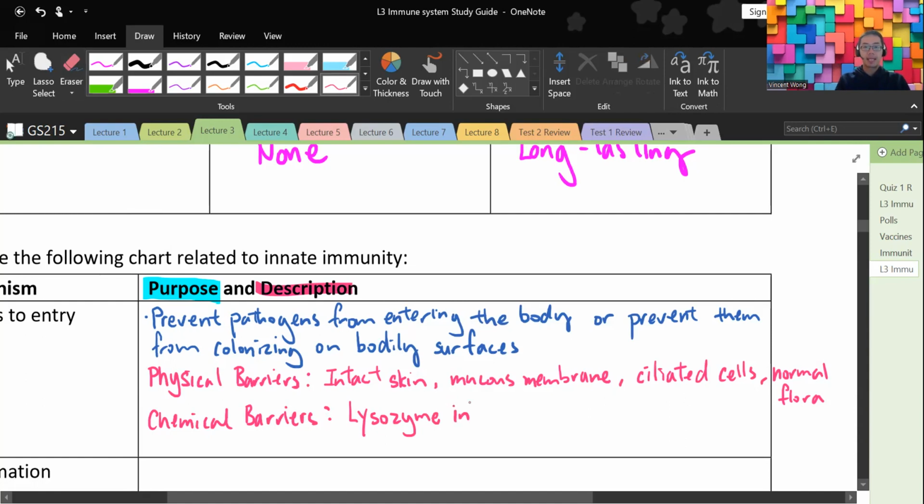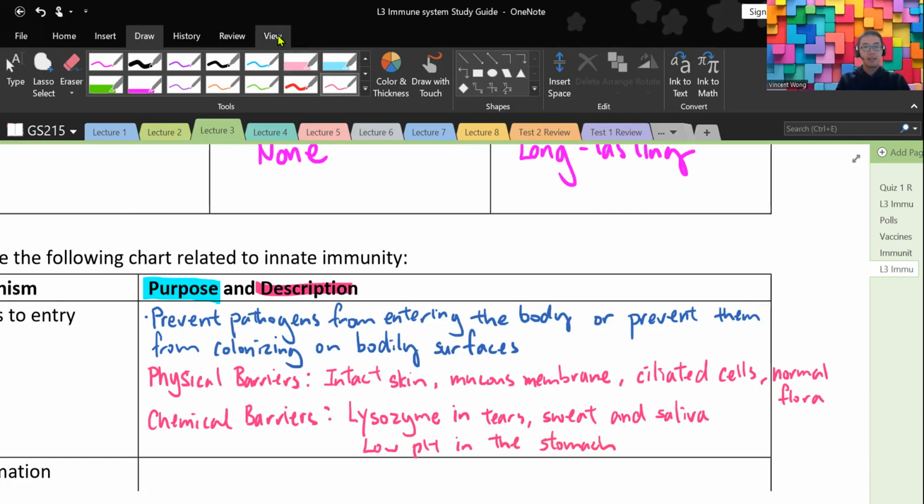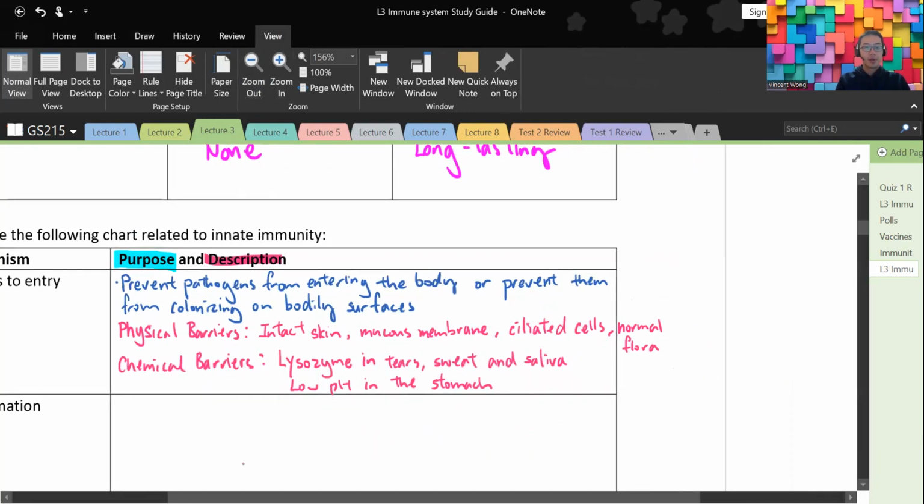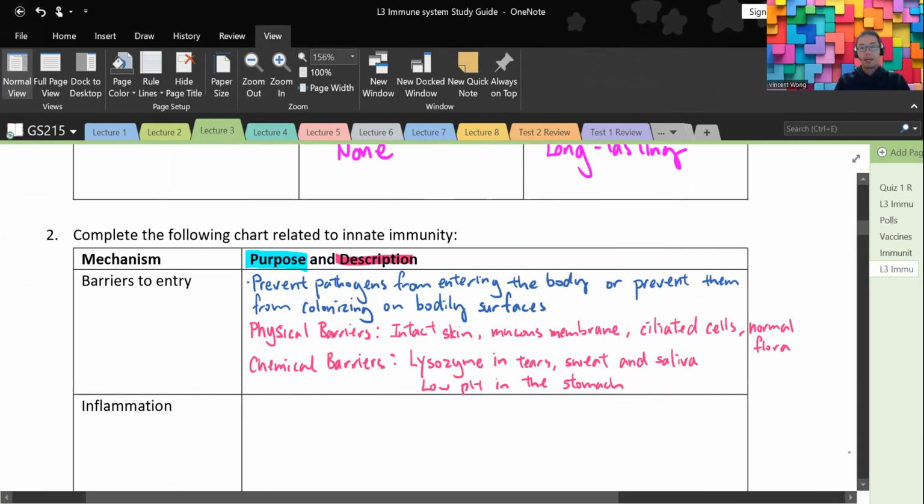So lysozymes in tears, sweat, and saliva. Someone says low pH. That's right. So low pH in the stomach, for example. So there you have it. That is the barriers to entry.